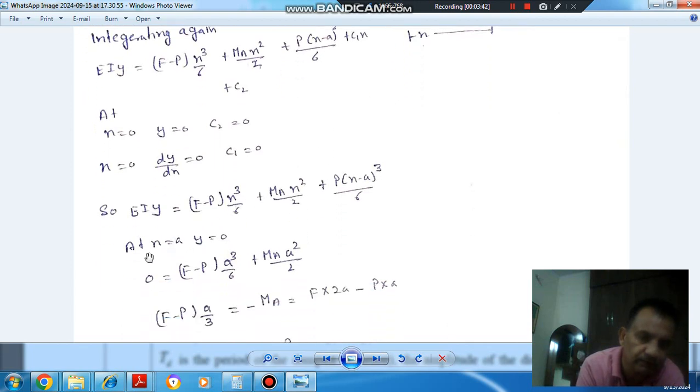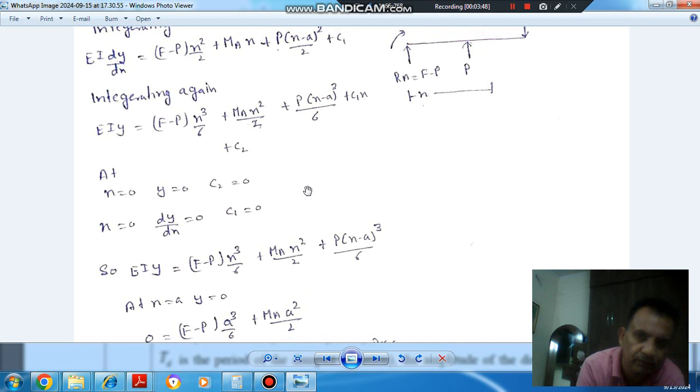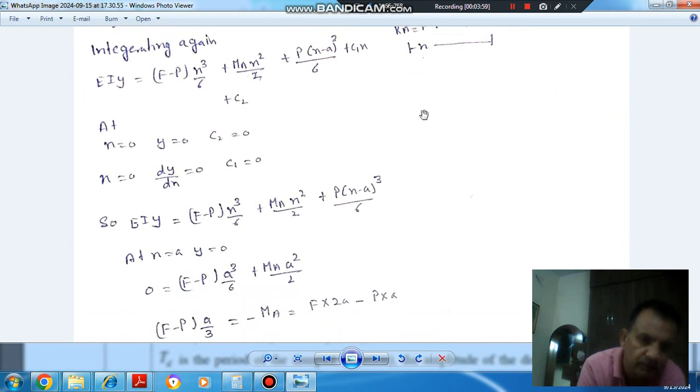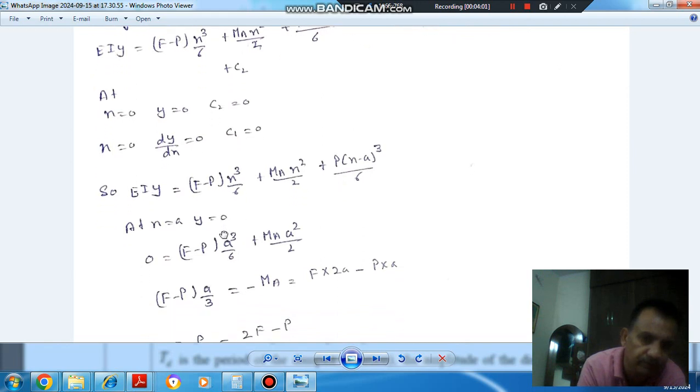Now at x equal to A, y is equal to 0, because x equal to A means this point, so this support is provided to make the deflection 0.